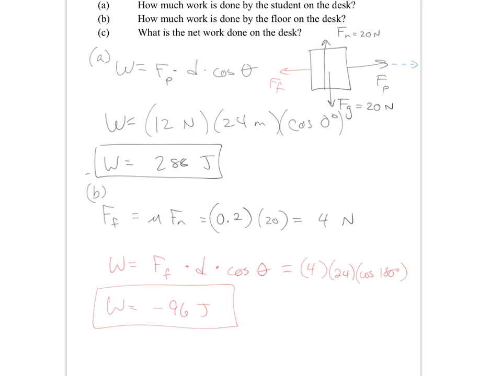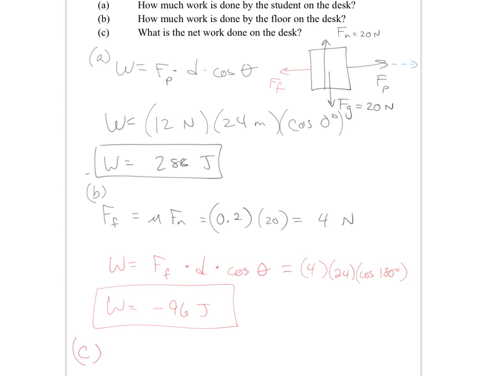How much force are you applying here? What's this FP? 12 newtons. But friction only pushes back with 4 newtons. So if you overcome friction, what's the object going to do? It's going to move. So the net work has to be positive for it to move, accelerate, or gain velocity. So we see that the work done by you is greater than the work done by friction.